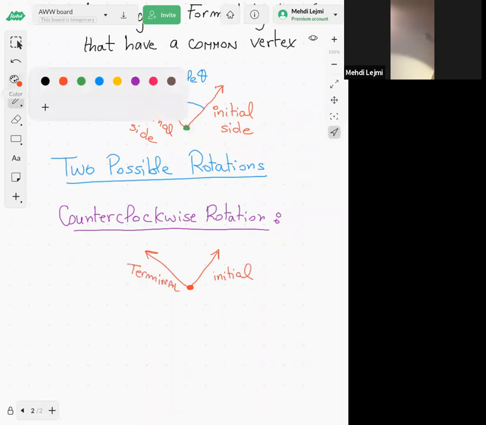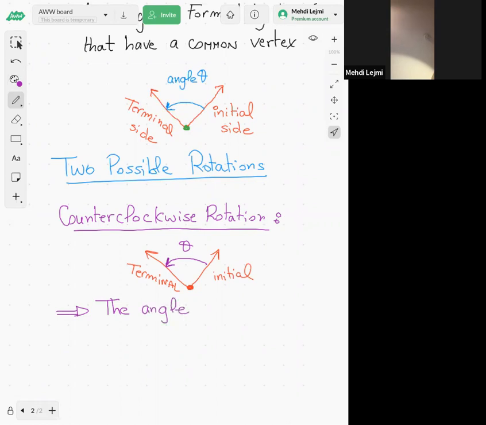In this case, if you go from the initial to the terminal side, you have a counterclockwise rotation. This angle theta in this case would be positive. So when we have a counterclockwise rotation, the angle is positive.